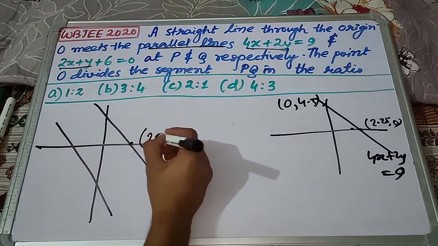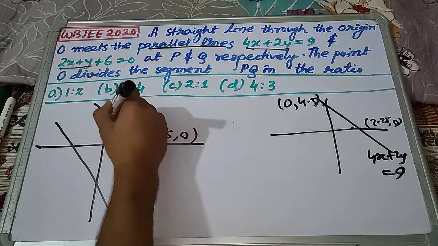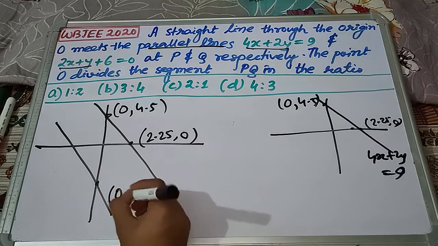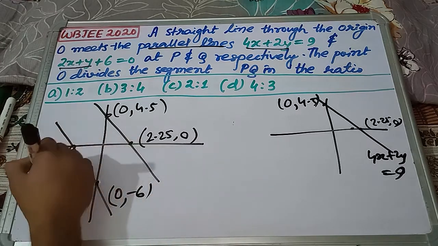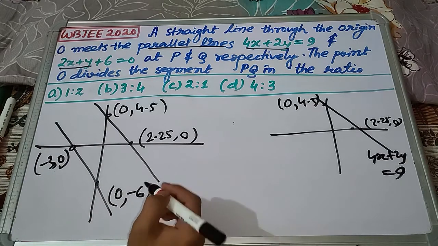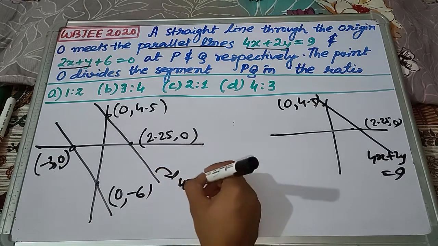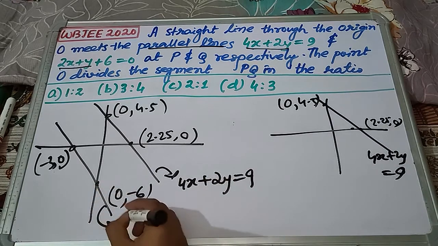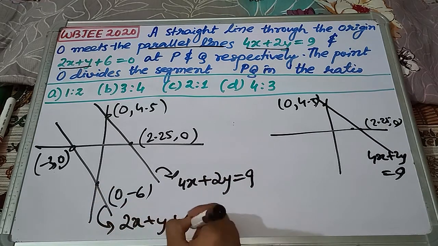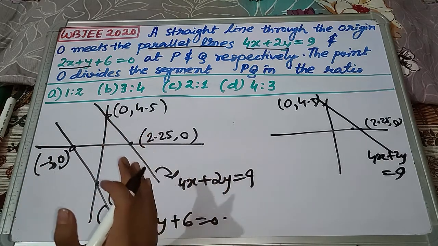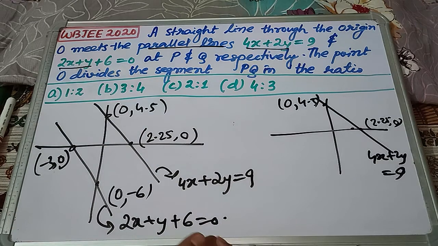So this is our 2.25 comma 0, this is 0 comma 4.5, this is 0 comma minus 6, and this is minus 3 comma 0. This is the line of this equation, and the equation for this line is 2x plus y plus 6 equals 0. So we have got our main frame and now we are ready to solve the question.